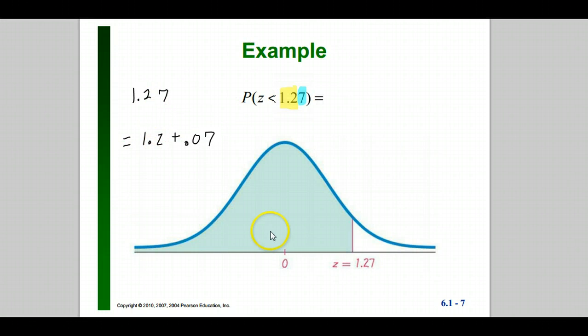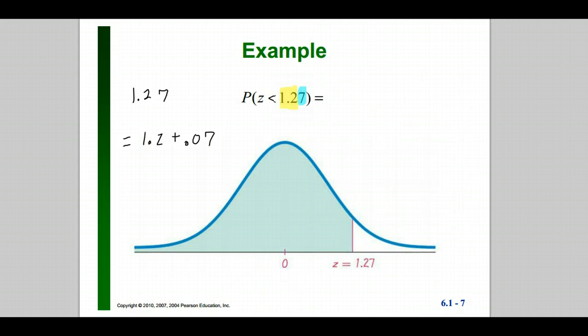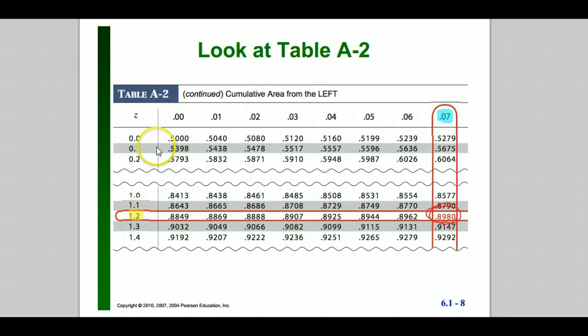Alright, so here's an example. They're giving you an area. They want you to find the area to the left of Z equals 1.27, or find the probability a Z-score is less than 1.27. Well, what I'm breaking down here is 1.27 is equal to 1.2 plus 0.07, and I did this on the calculator just so you can verify it. 1.2 plus 0.07 is 1.27, and the reason why I'm showing you that is the Z table is broken up into tenths place along the side and hundredths here.